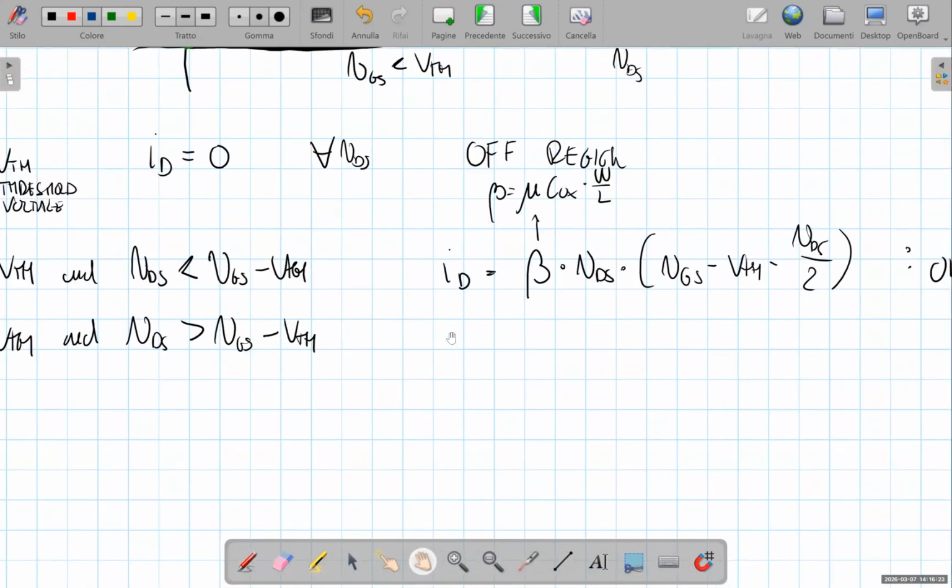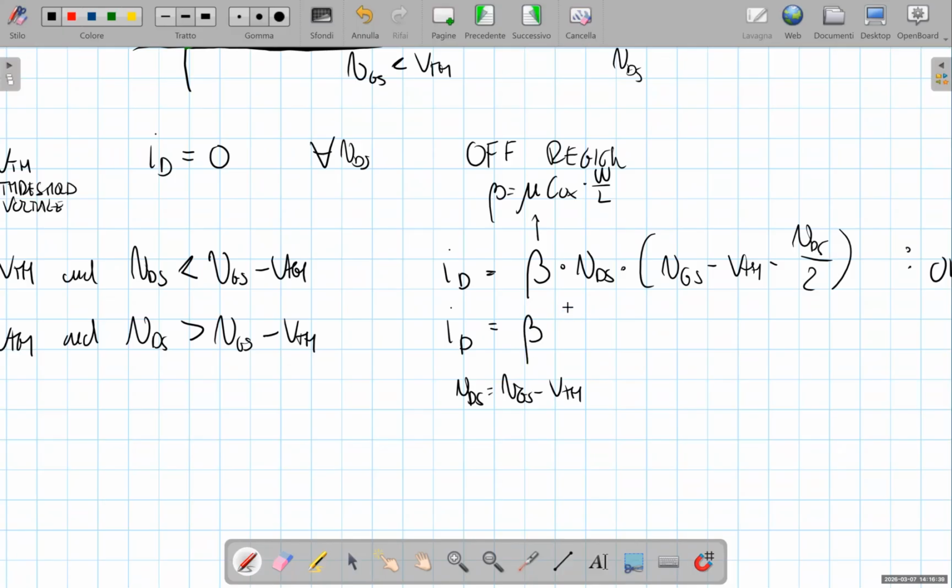If we want to get the expression of the current in the saturation region, we simply have to plug VDS equal to VGS minus VTH into the expression of the current in the on region.